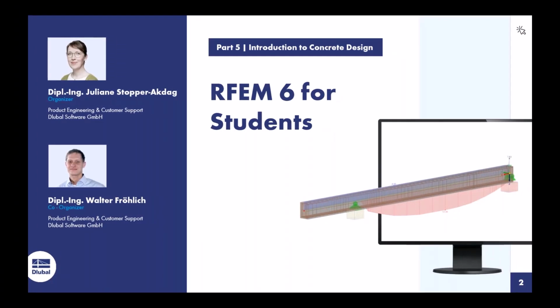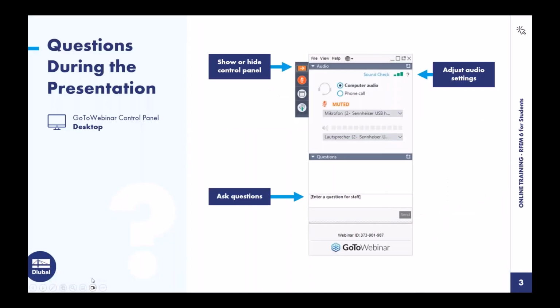So let's go on. The first slide is an organizational thing. You have from GoToTraining this panel, where you can use this button for hiding or showing the panel. If you want to see the full screen, you can hide it.